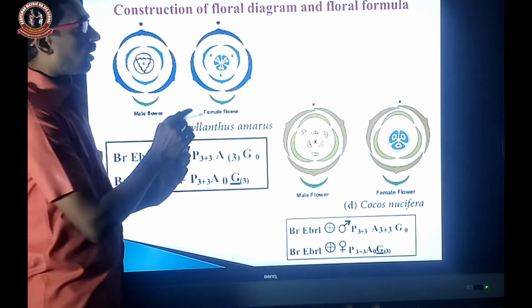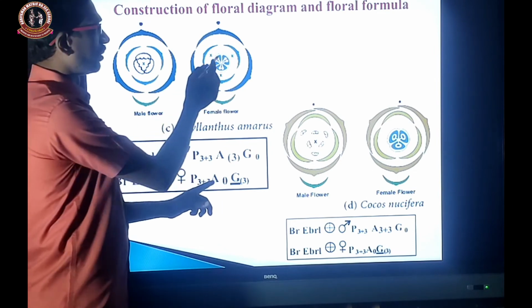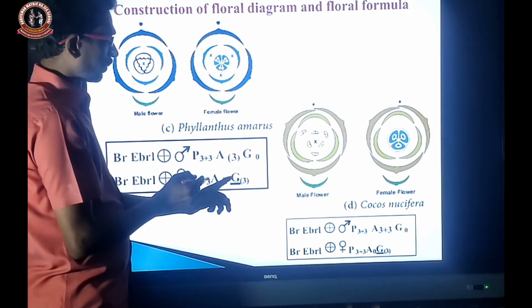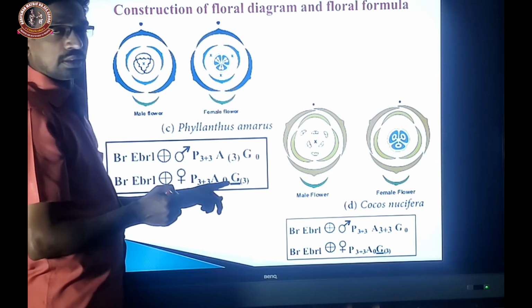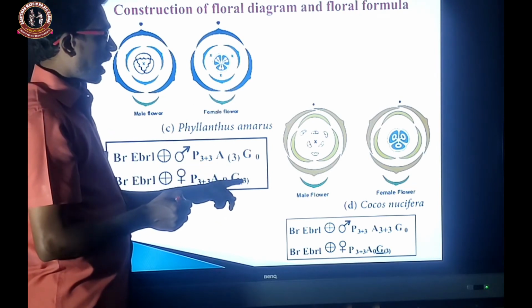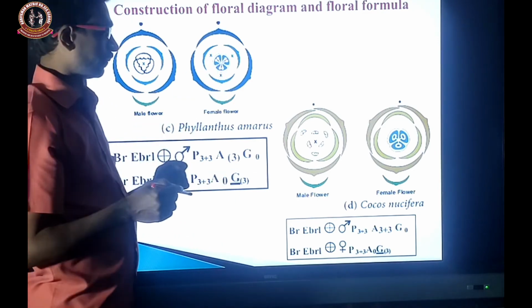It's not within bracket, so they are free. And androecium A naught, that means androecium is absent. And gynoecium, we can put the line under the G, so that means a superior ovary, and 3 carpels, 1, 2, 3. The carpels are united, syncarpous.